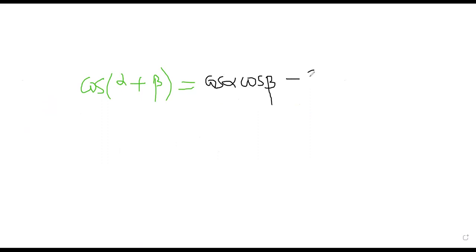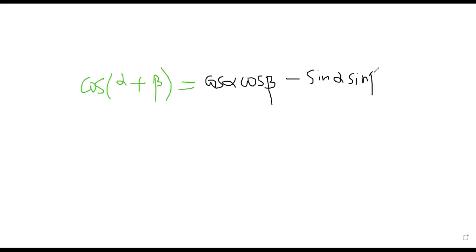After this, the formula related to cos alpha plus beta: cos alpha plus beta will be equal to cos of alpha cos of beta minus sine of alpha and sine of beta.